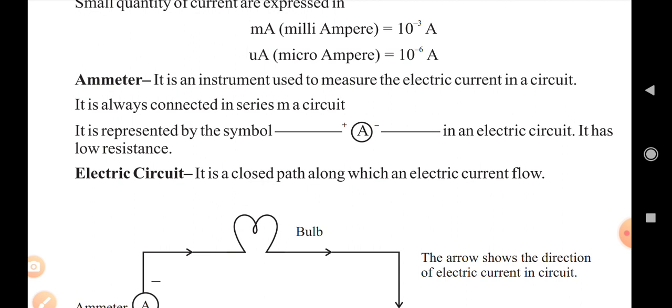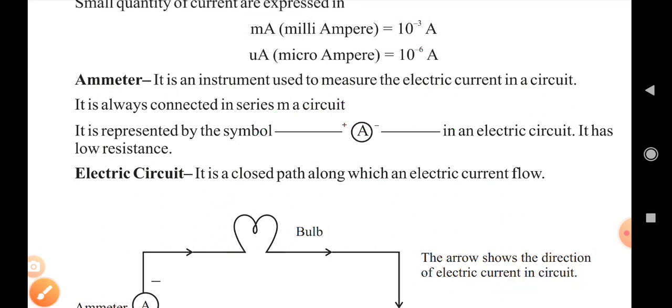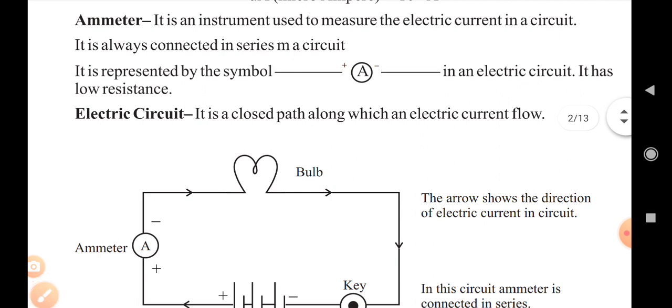An ammeter is represented by a symbol in which a circle with the letter A is written, with two terminals, positive and negative, in an electric circuit. Since an ammeter has low resistance, it is always connected in series with a circuit.